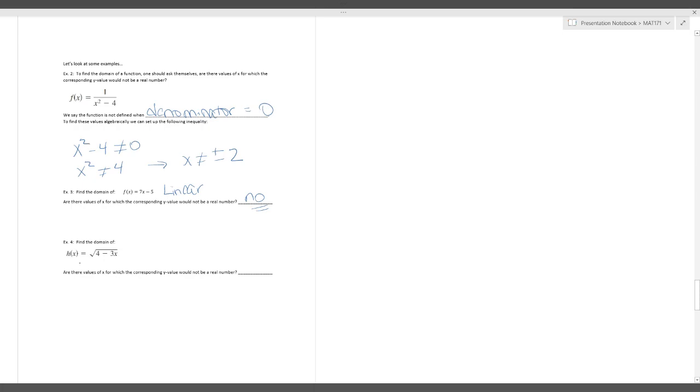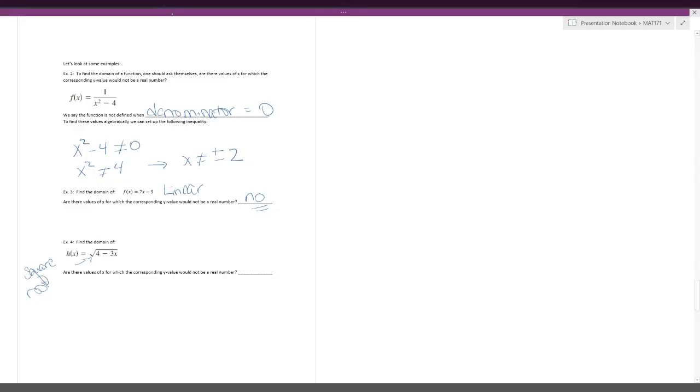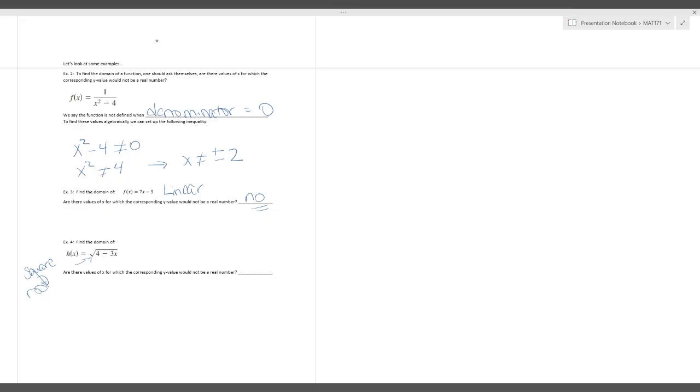Now in h of x, here we have a square root. And we know that the expression, we call this the radicand, has to be greater than or equal to 0. So we set up 4 minus 3x greater than or equal to 0.